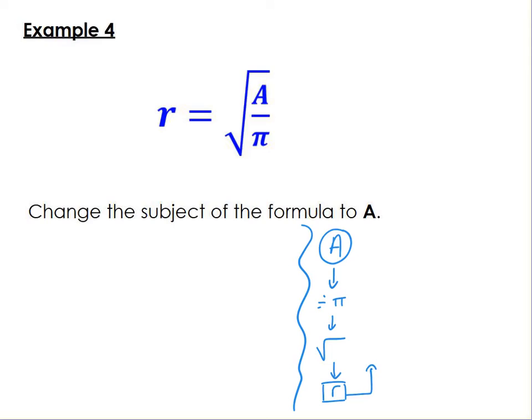So the first thing I'm going to do is square both sides. So r equals the square root of a over pi, and I'm going to square both sides. So I'm going to get r squared equals a divided by pi. The next step is to multiply both sides by pi.